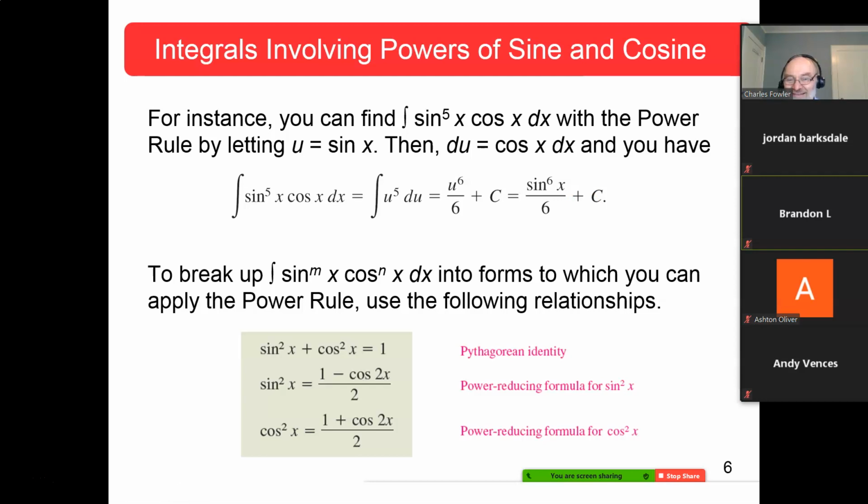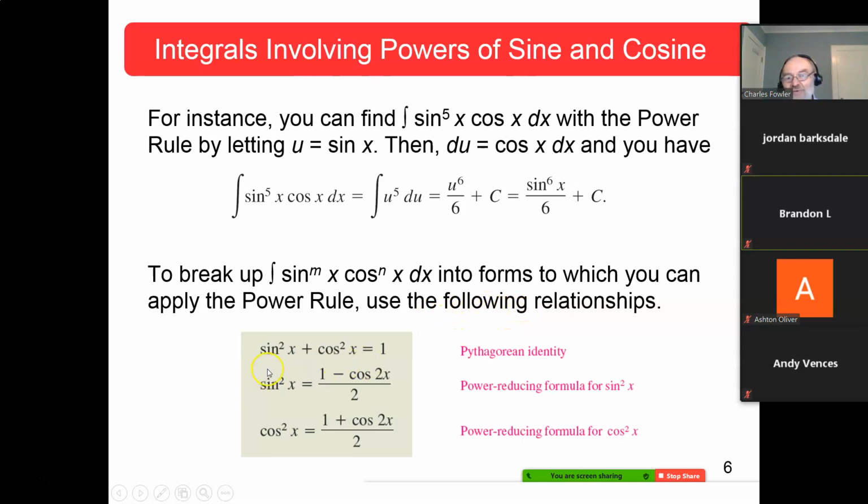They'll get a little more complicated, but that's basically your fundamental approach to this. Now, what if it wasn't just cosine to the first power, it was cosine to the nth power? Well, here what you do, you need to apply the power rule, but you have to use some additional relationships.